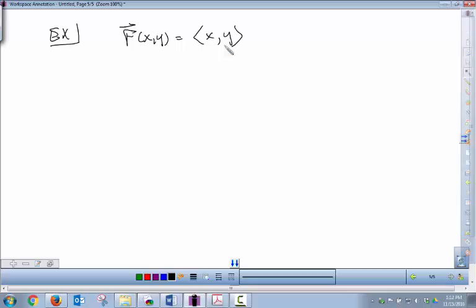Can you imagine what this vector field might look like? We could do the table again, but you can see that the output is going to be the same as the input, right? So if you have 1, 0, you're going to get 1, 0. If you get 1, 1, you'll get 1, 1.